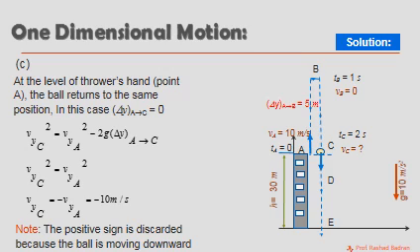Applying the same relation as before, with the initial velocity 10 meters per second and delta y equal to 0 as it goes and comes back, we get the velocity at C with a plus or minus sign. Obviously, we have to choose the minus sign, because this velocity, after it comes back, has the same magnitude as the velocity at the beginning, at point A, but with a minus sign.